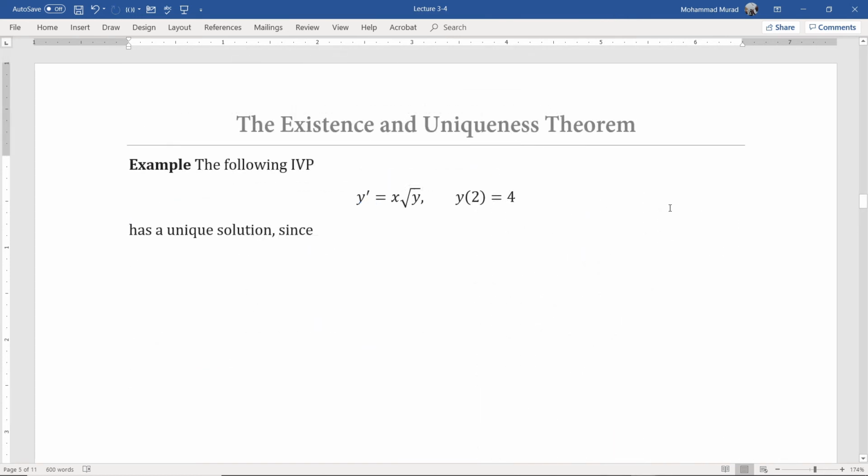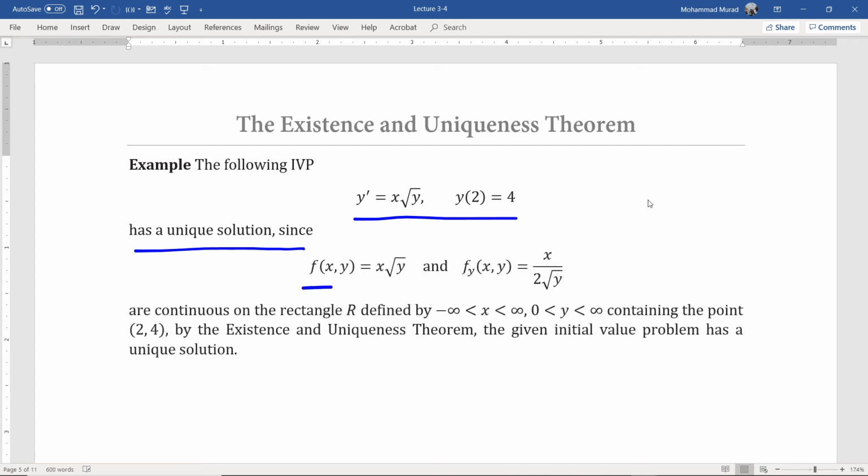Let's consider another example. This initial value problem has a unique solution by the existence and uniqueness theorem. Since both the function f and its first partial derivative with respect to y are continuous on the rectangle R defined by these two conditions containing the point 2, 4.